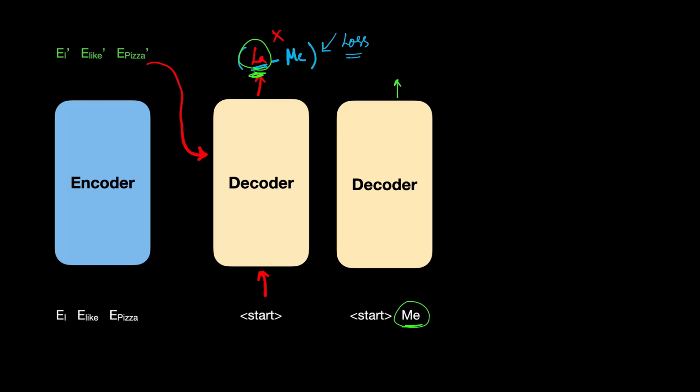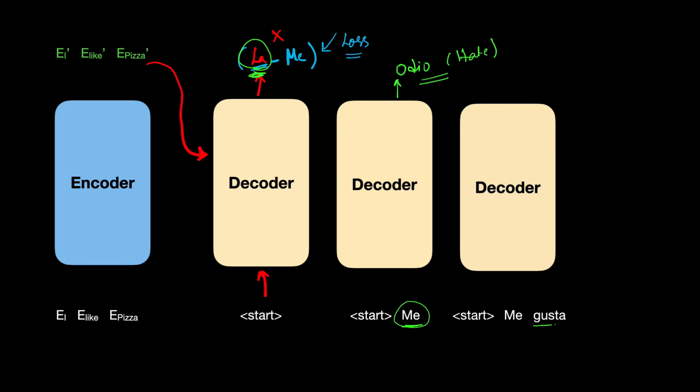Let's say in the next step, it predicted the word odio, which in English translates to hate. And this is also an incorrect prediction, but it's fine. The model is still learning. We will again compute the loss between these two words and use it for backpropagation. And in the third step, I'll pass the actual word from the target label, gusta, instead of the predicted word odio. And this process will continue till the decoder produces the end token.